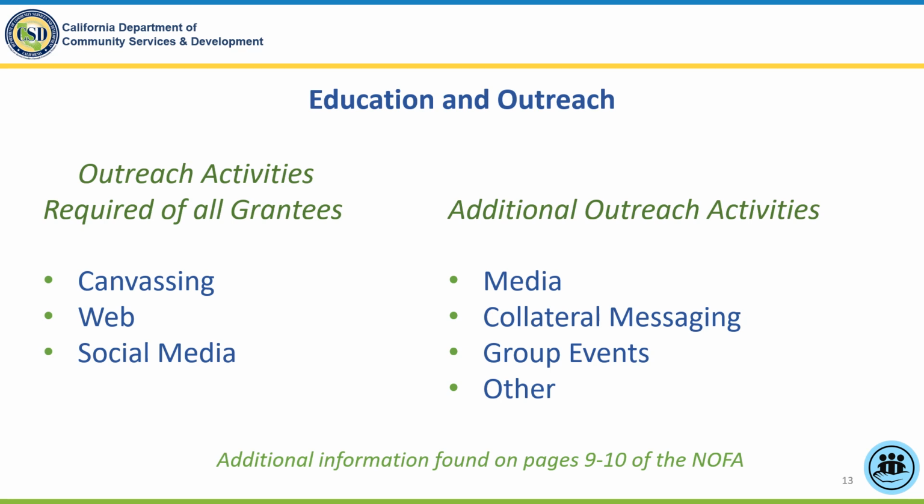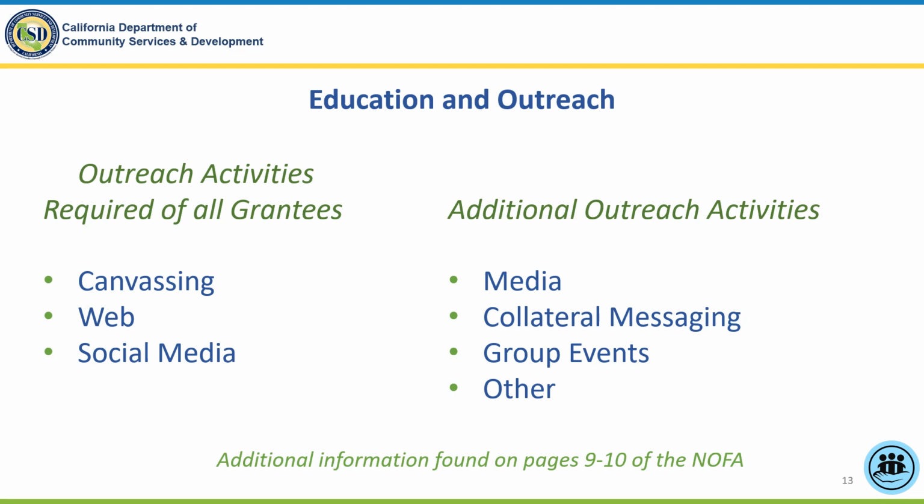These activities include creating an EITC-specific website or web page, hosting a web banner on your organization's website, adding educational information and updates about the credits and free tax preparation assistance to your organization's website, and providing links to CalEITC educational materials, toolkits, calculators, maps, etc. All awarded grantees must also conduct social media activities.